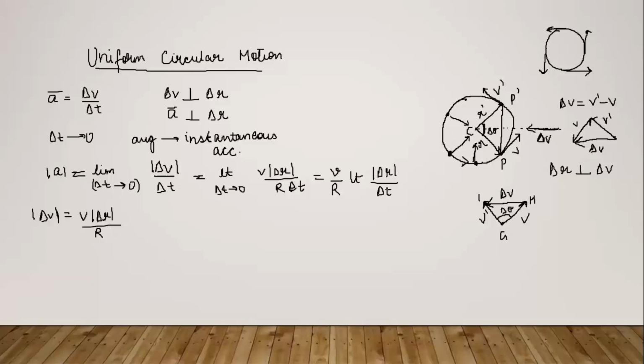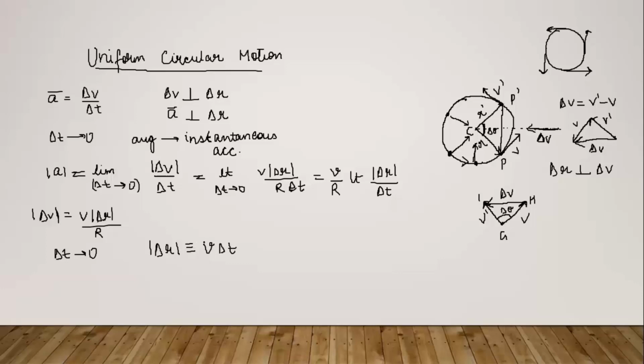So also, if we keep on reducing this P dash, I mean we have taken these two points far away from each other, but if we keep on reducing the distance between P and P dash for delta t tending to 0, we can simply say that mod of delta R can be approximated as v delta t.